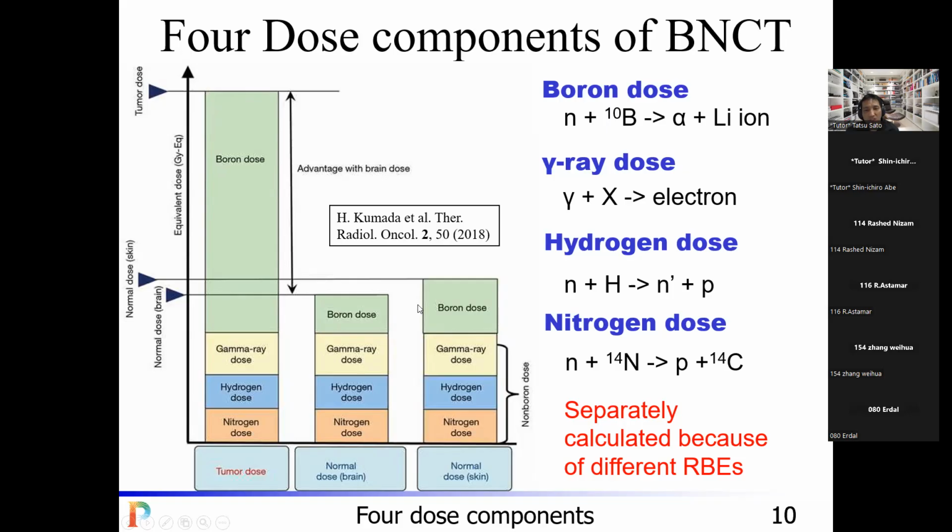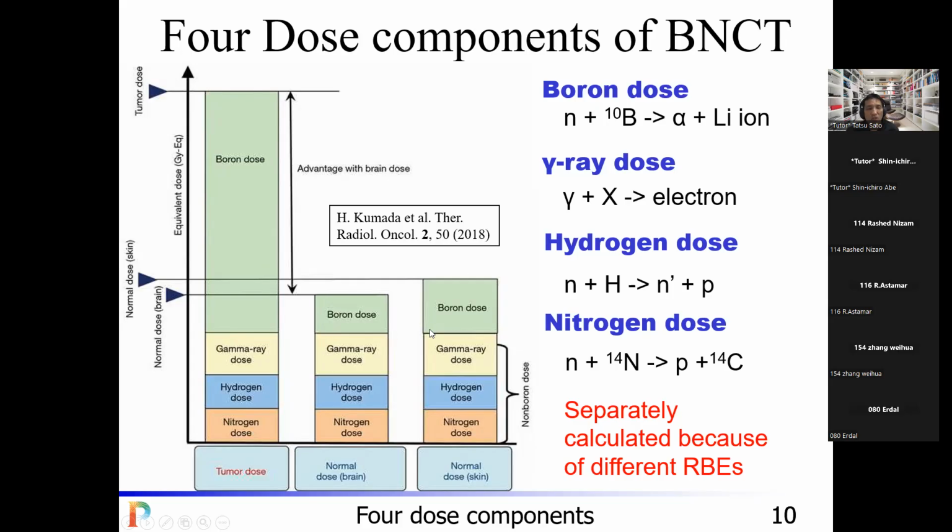And the skin has rather high boron concentration, so the boron dose is slightly higher than the brain. That's why this becomes different. And the principle of BNCT is basically to use this difference.